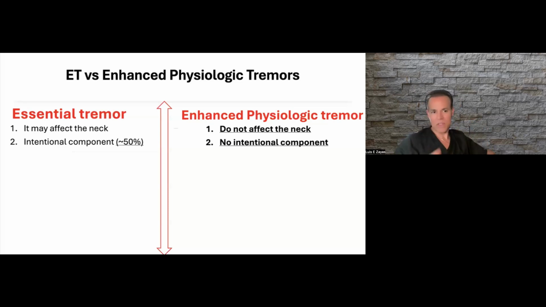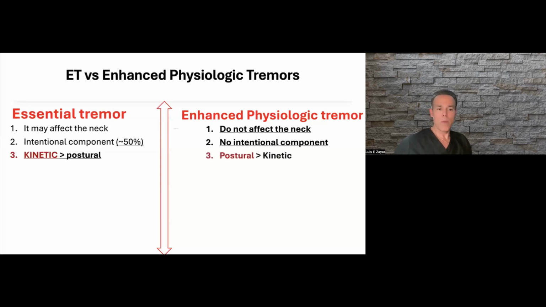That's another way to differentiate between essential tremor and cerebellar tremor. And I mentioned cerebellar tremor because you start thinking of cerebellar tremor when you have an intentional component, but again, in essential tremor, you see the intentional component as well, 50% of the time. The key here is that there is no intentional component in enhanced physiologic tremor.